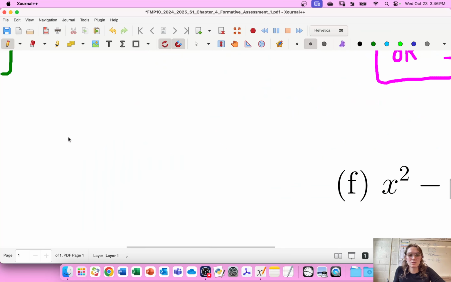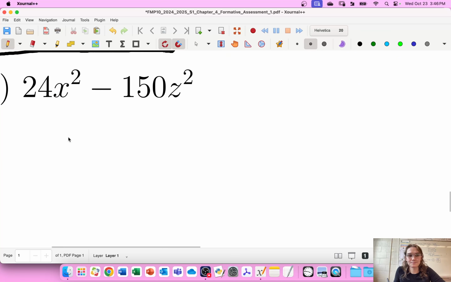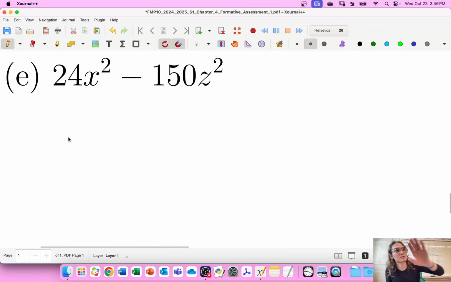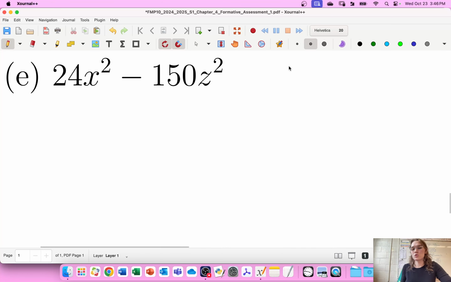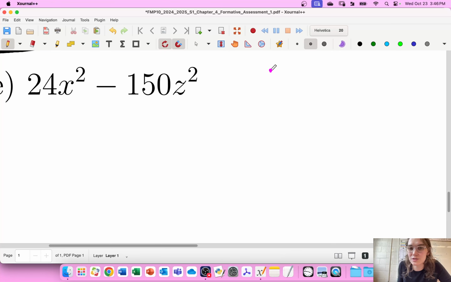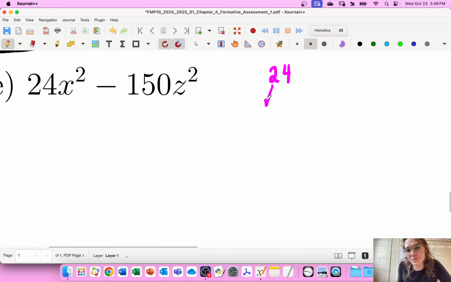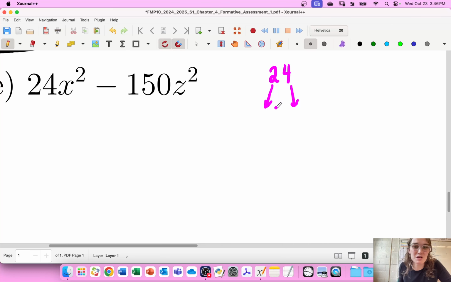Okay. Almost done. First question always: is there a greatest common factor? Yes. I can definitely at least factor out a 2. But is there anything else I can factor out? Let me just show the factor tree, because it'll make more sense that way.